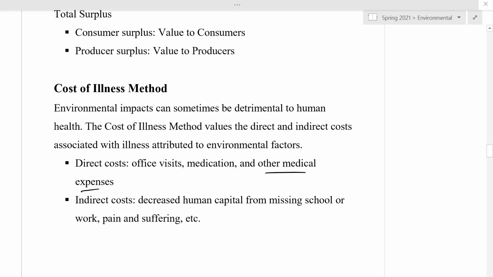But there are also indirect costs. So economists are always thinking about additional costs, including opportunity costs. If due to some environmental problems, people miss work or miss school, or have some pain and suffering, psychological effects, these are also, to the extent that they can be measured, and often they can, at least in indirect ways, included in that cost estimate.